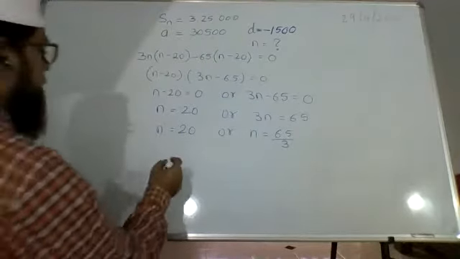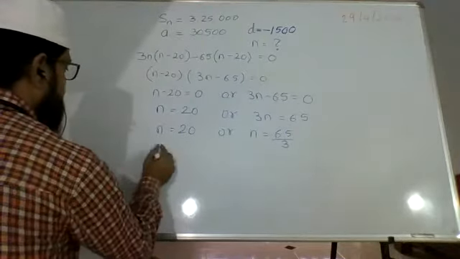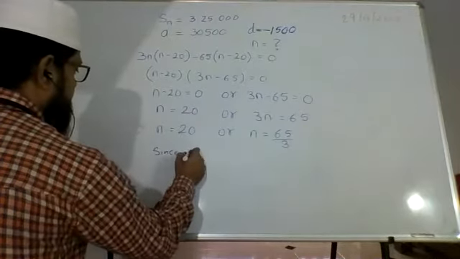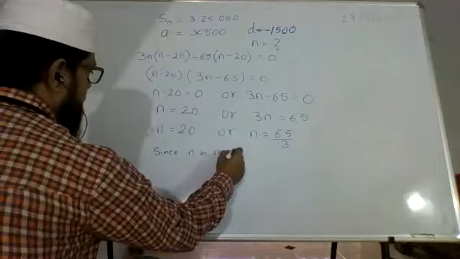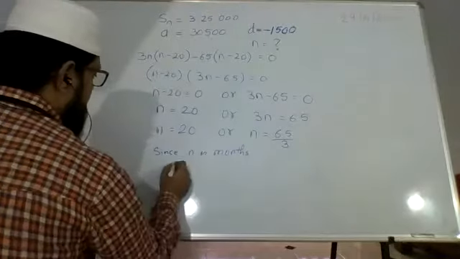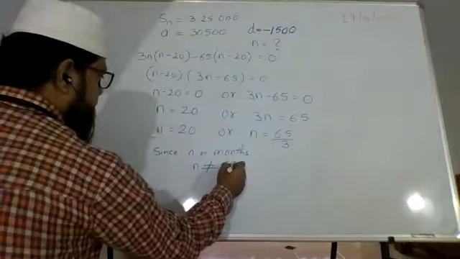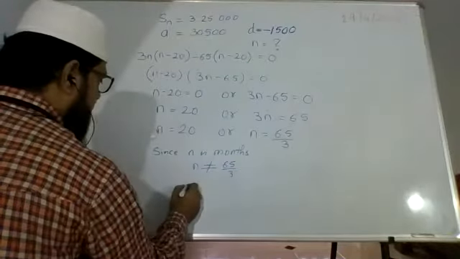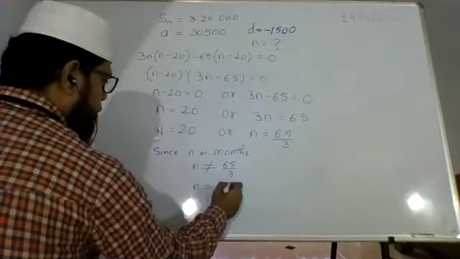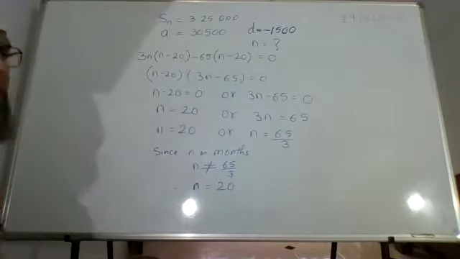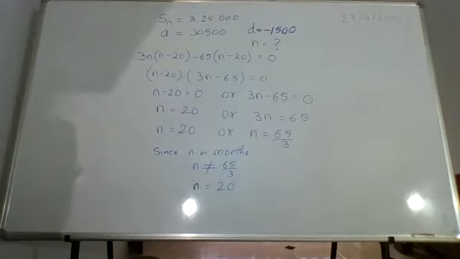So we'll say since n is months, therefore n is not equal to 65 upon 3, therefore n equals 20.